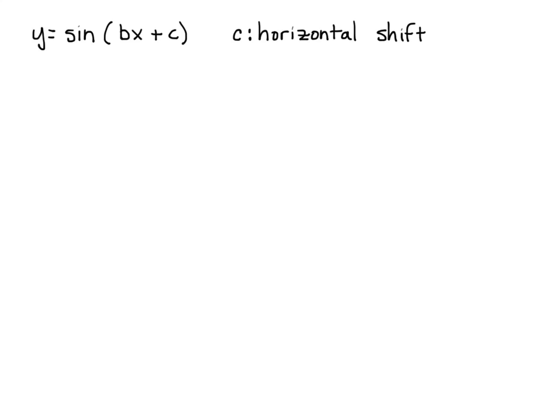So we can make a horizontal shift. Remember when we had just, let's say, f at x. If I'm going to make a new function out of f at x by adding something to my x before I do anything to it, we can do the same thing with sine by adding this c.